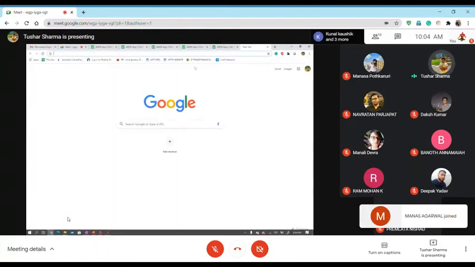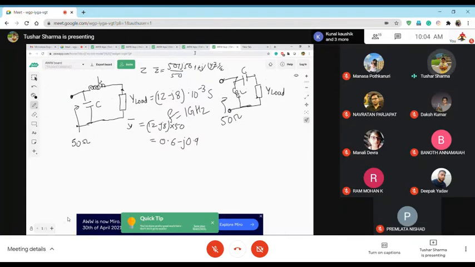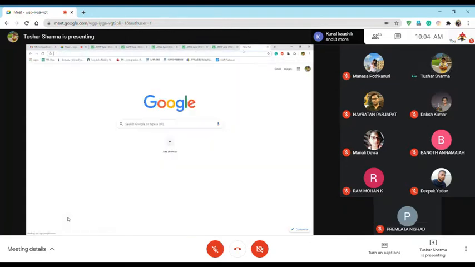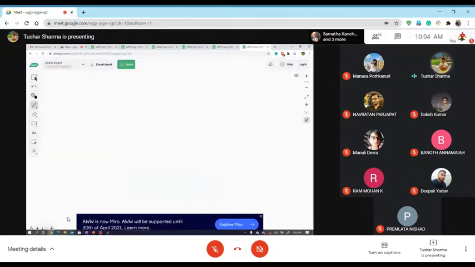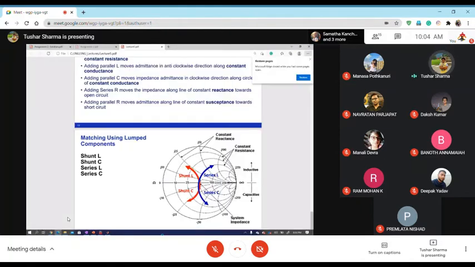So first step will be to plot this on this Smith chart. I'm just putting another thing here because it might get complicated. So 0.6 minus j 0.9, let us first plot on the Smith chart and see where it will end up. Just give me a second.